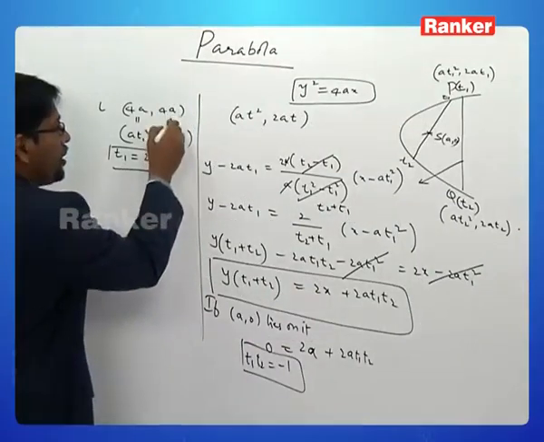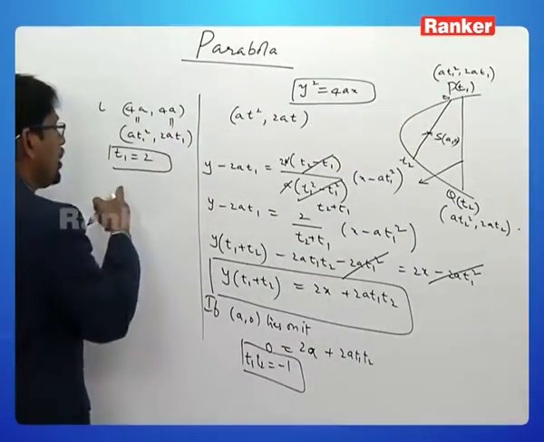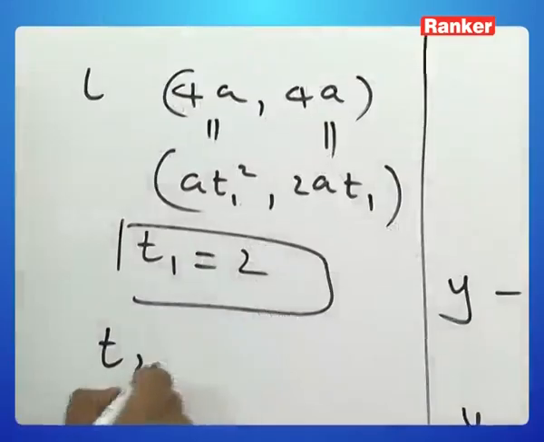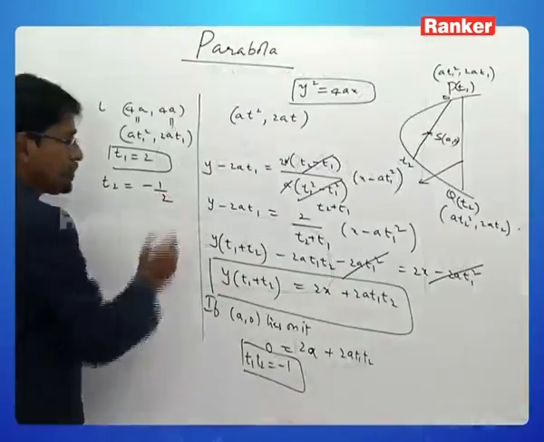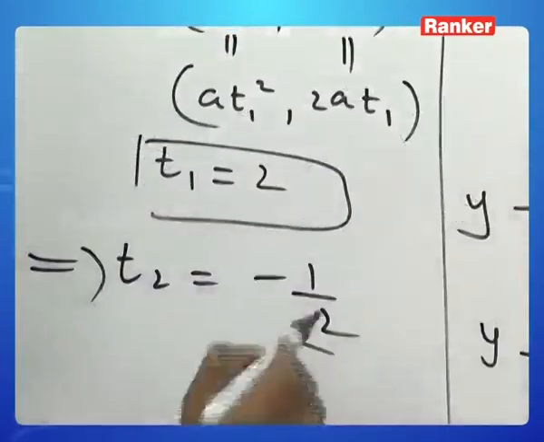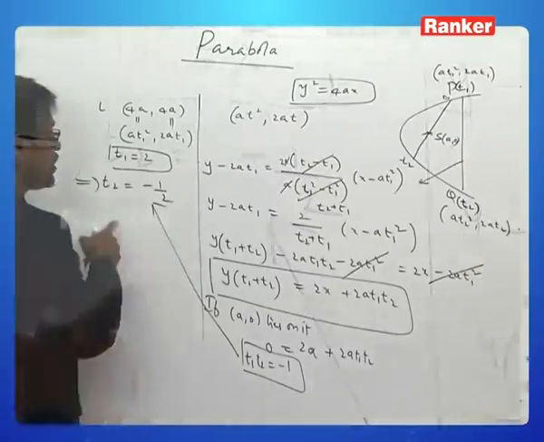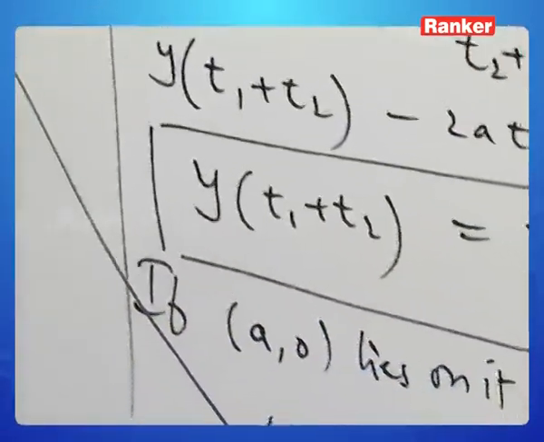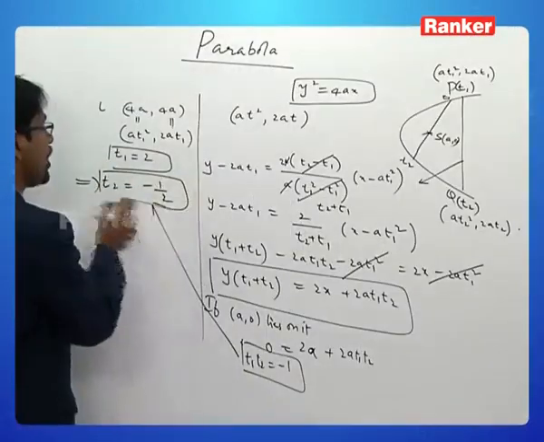Observe this from here, t1 is 2. Now if t1 is 2, what should be t2? t2 must have been minus 1 by 2, because t1 into t2 is given to be minus 1, right? That is the condition we have to bear in mind. So t2 is minus 1 by 2.